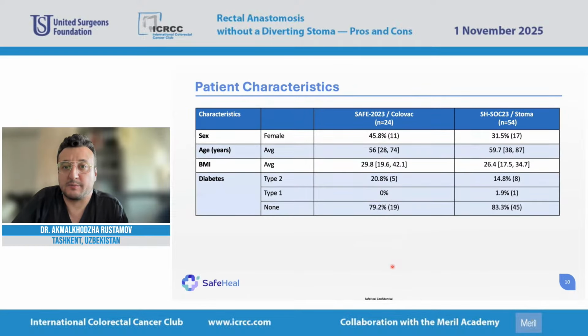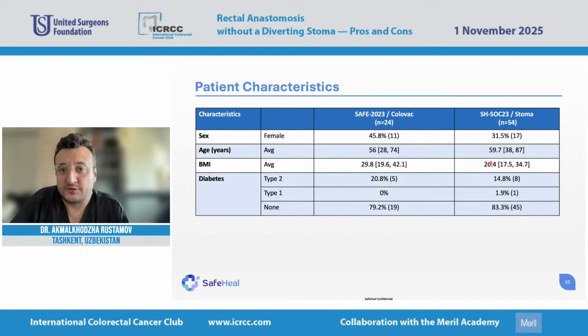This table summarizes the baseline characteristics of the SAFE 2023 Colovac group and stoma control group. The mean age in the Colovac cohort was 56 years, comparable to 59 in the control group. The BMI was slightly higher in the Colovac group, around 29 versus 26 in the control group.